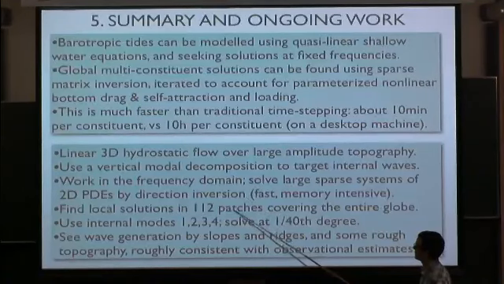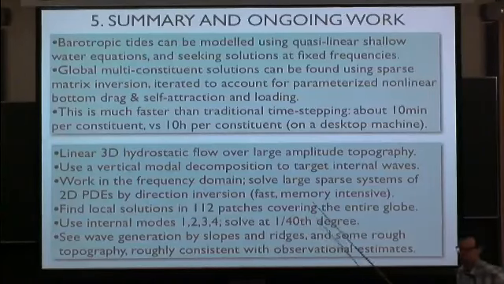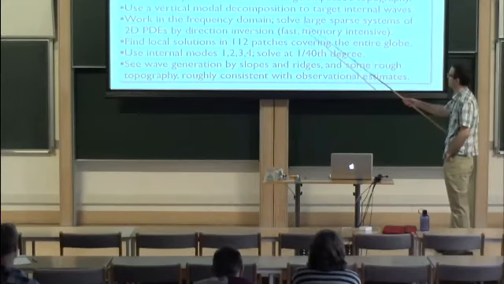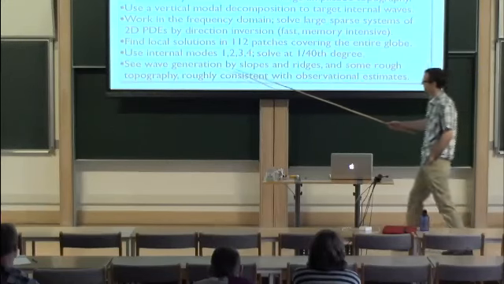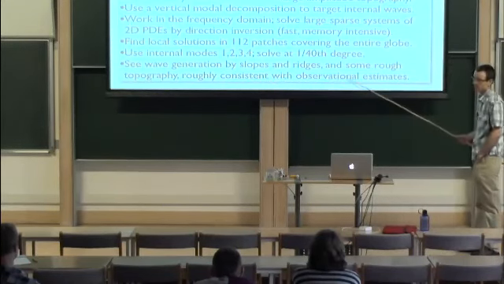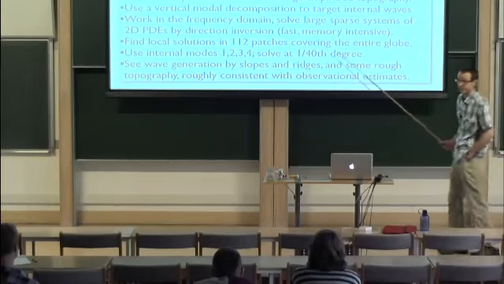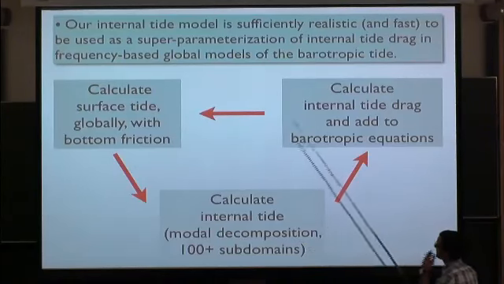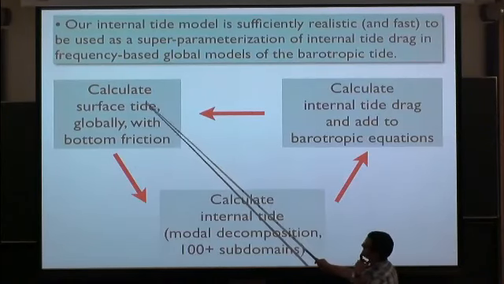I've shown you these solutions in 100 patches because it's a local generation problem. They were solved at a 40th degree. I don't think I mentioned that, sorry. That's quite a bit higher than the global models are running at. And we certainly see wave generation which is roughly consistent with observational estimates, but I can't say any more than that.